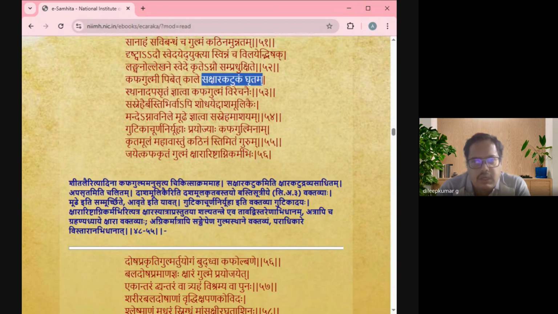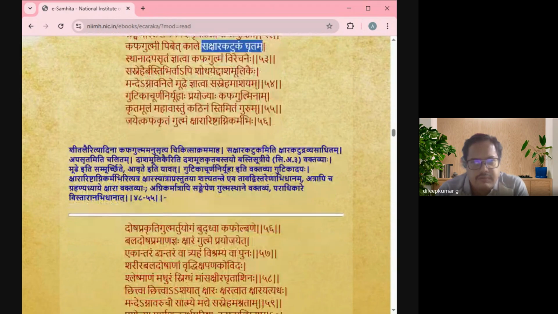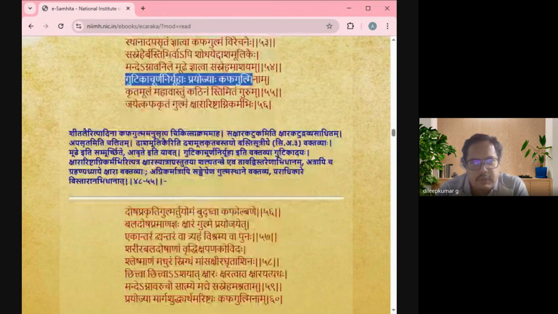Kshara Yukta Katu Rasapradana Gruta should be carried out in case of Kafaja Gulma. Further, Gutika, Churna, and Niryuha can all be carried out in Kafaja Gulma.